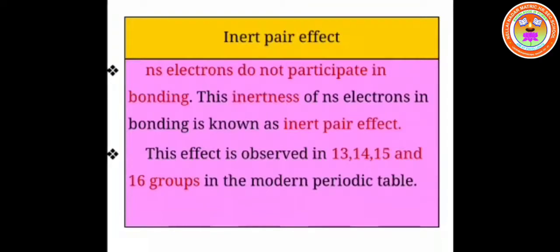Not 17 and 18, not the halogens and noble gases. Okay children, so 13th, 14th, 15th and 16th group elements, boron, carbon, nitrogen and oxygen family members, they exhibit inert pair effect. The inability of the ns electrons to participate in bond formation is called inert pair effect.